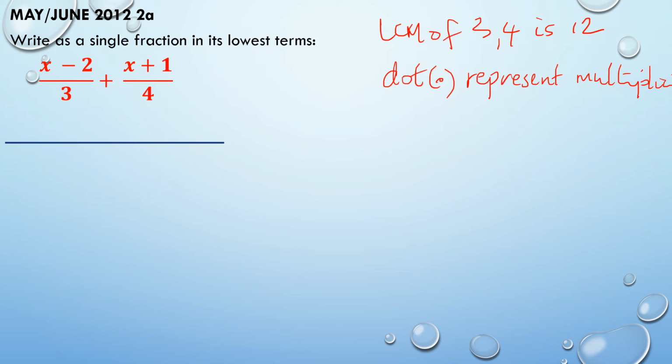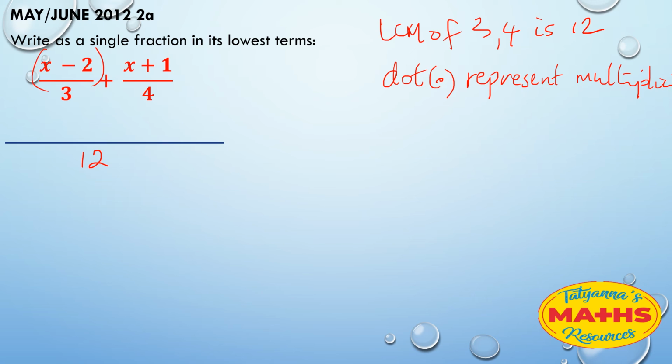Okay, so the LCM is 12. So 3 into 12 is 4. We're going to multiply this by 4. 4 into 12 is 3. We're going to multiply this by 3. So let's write what we have. 4 by x minus 2 plus 3 by x plus 1.